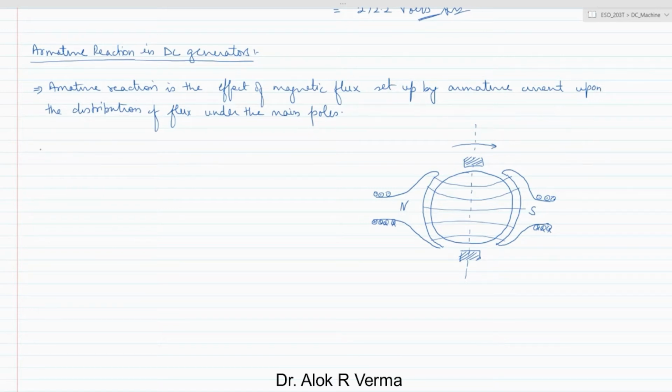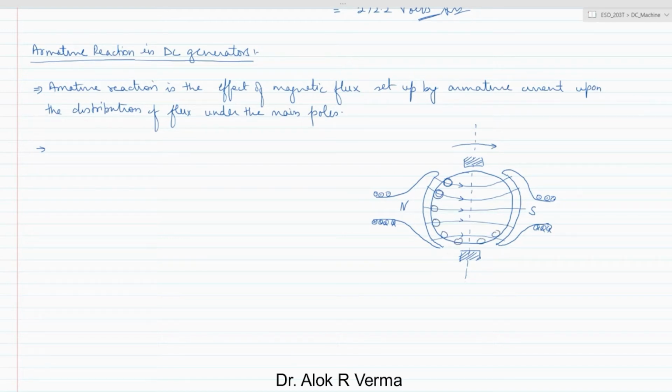So there exists an MMF of the main poles which produces the main flux. So the MMF of these poles produces a main flux, and the field lines are given here in this direction. And the rotor is having slots in which there are conductors placed.